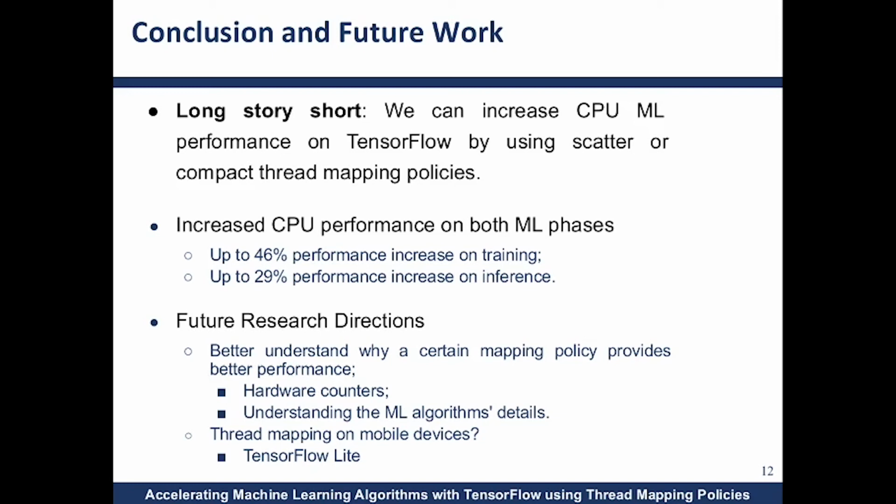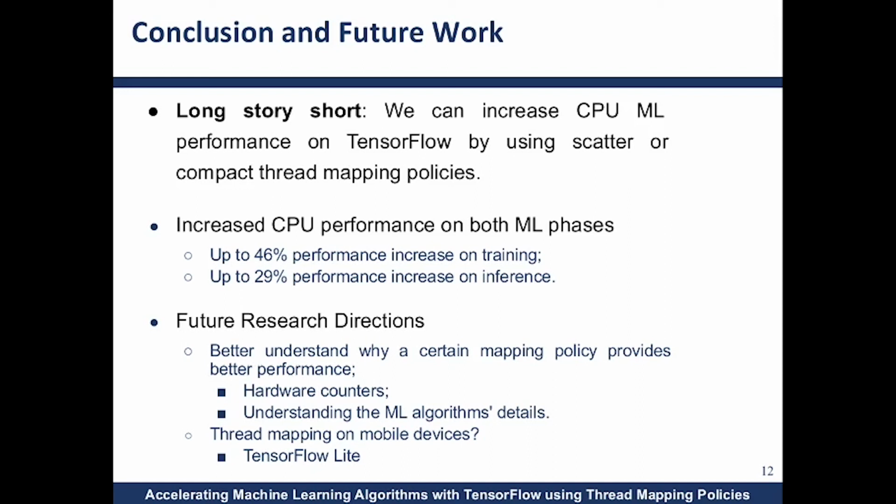For future research directions, at this first step we made it a little clearer what we can expect by changing thread mapping policies, but we also need to understand why a certain thread mapping policy results in better performance.